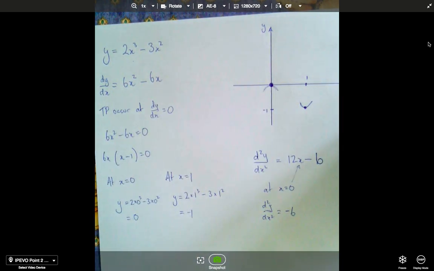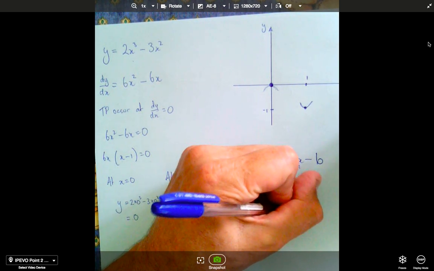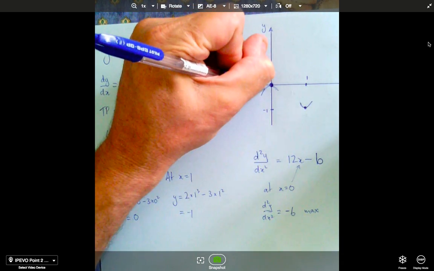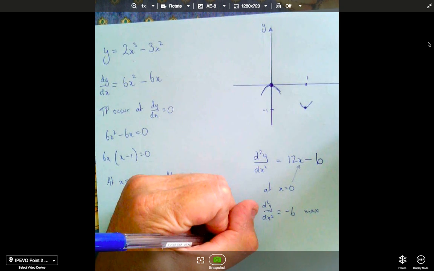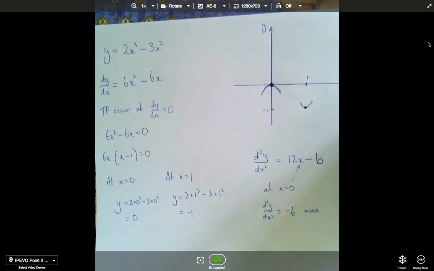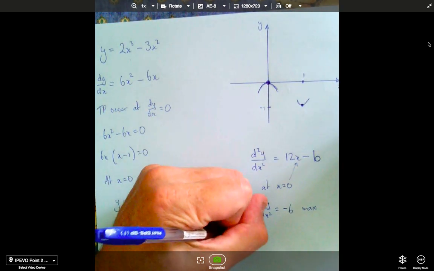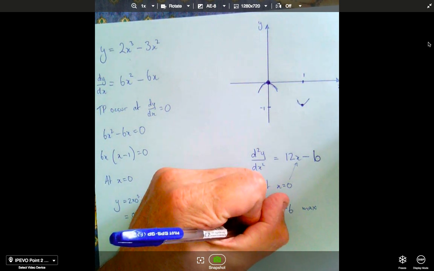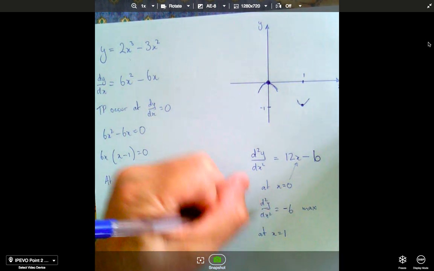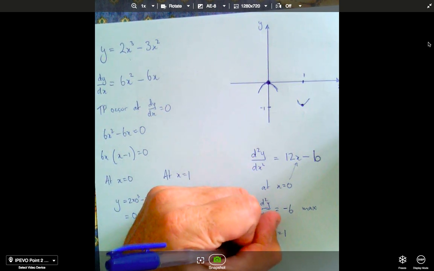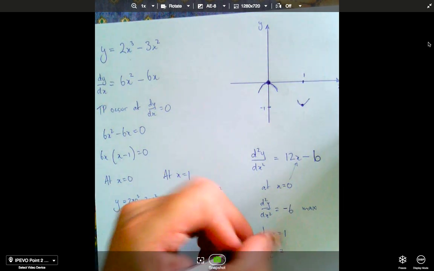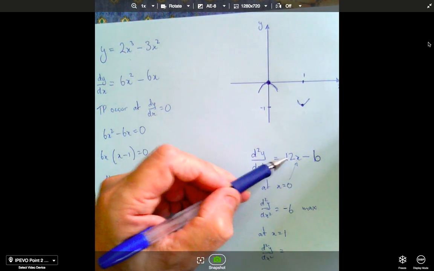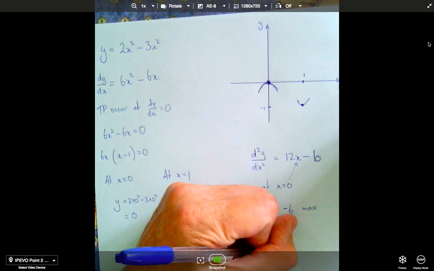Now, I know that if this is a negative, we know that that is a maximum turning point. So we know that that's a maximum turning point. And again, what we're going to do is look at d2y/dx squared at x equals 1. At x equals 1, what does d2y/dx squared equal? We put this in here now, so 12 times 1 is 12, minus 6 is 6.